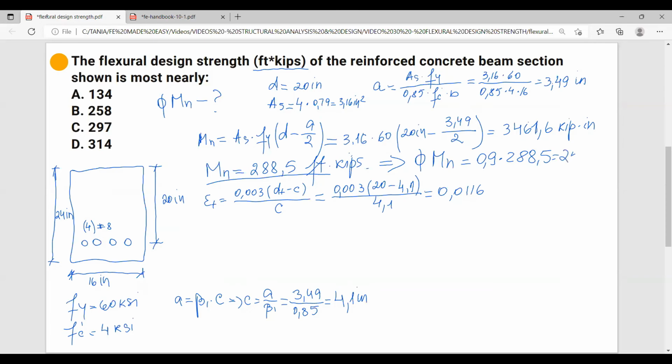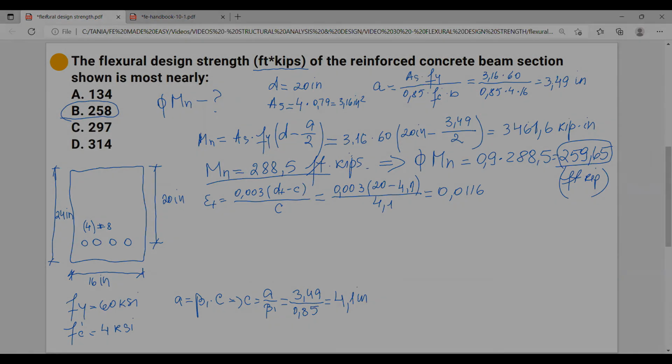So we get 259.65, and this is foot-kip. The closest answer is B, and this is our correct answer.